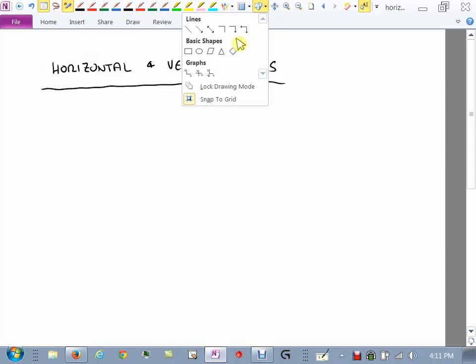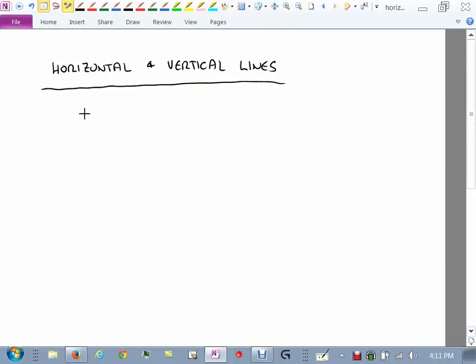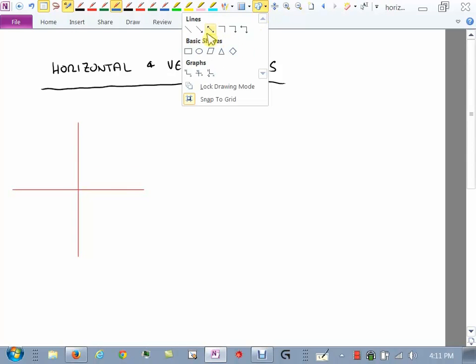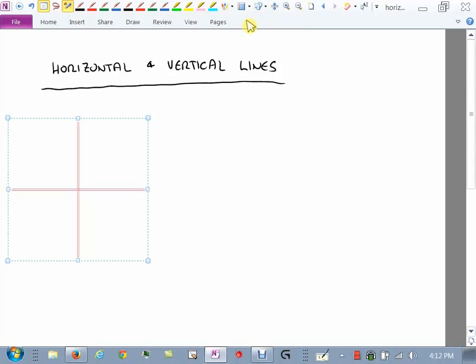Okay, let's start with horizontal. Horizontal would mean like horizon, right? So it would go something like that. It's an example of a horizontal line.